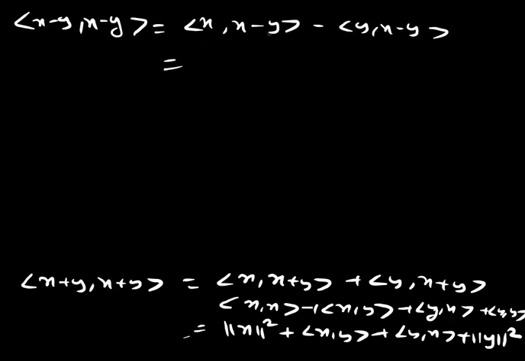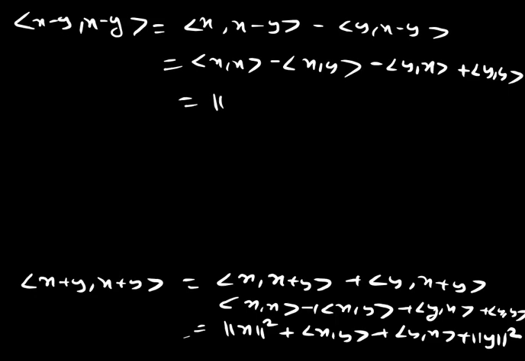Because it is conjugate linear, and the scalars here are just real, it is the inner product of x with x, minus the inner product of x with y, minus the inner product of y with x, plus the inner product of y with y. So this works out to be norm of x square minus the inner product of x with y minus the inner product of y with x plus norm of y square.